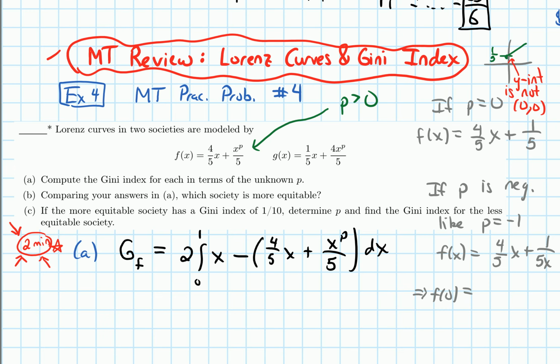That's a property of a Lorenz curve. But we'd get 0 plus 1/0. And that's undefined. It's not equal to 0 like it needs to be. So because of those issues when P is 0 and P is negative, that's what guarantees that P is a positive value.